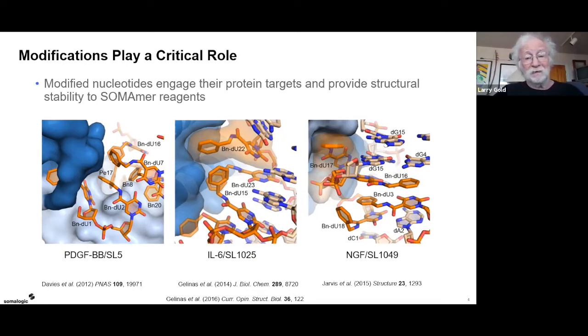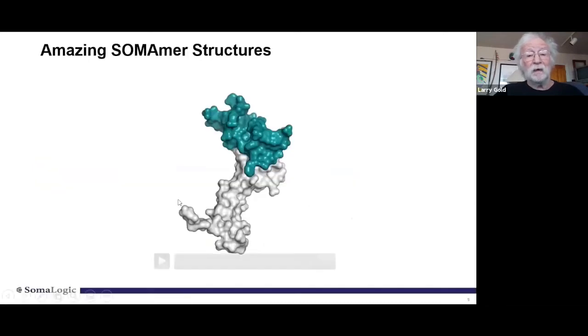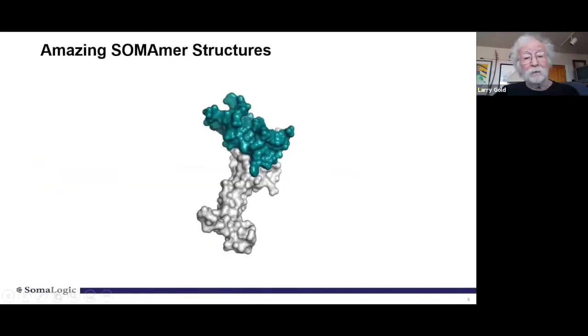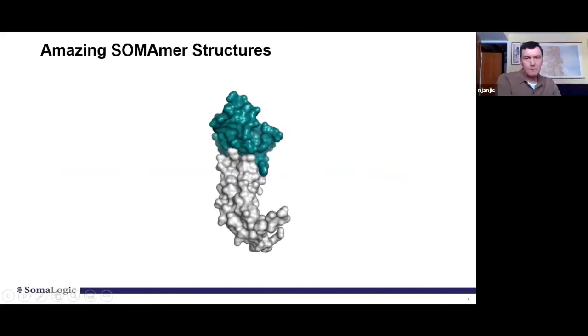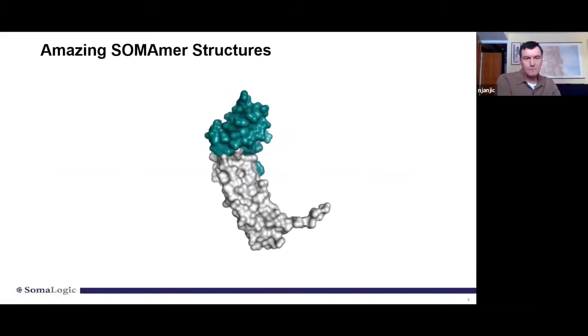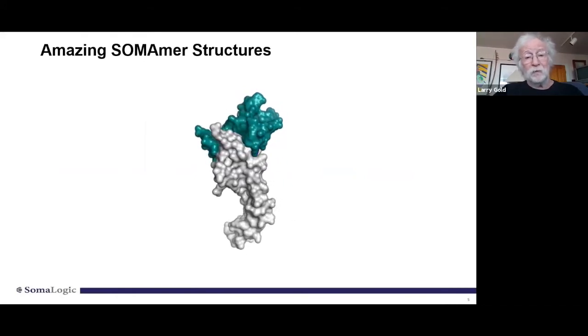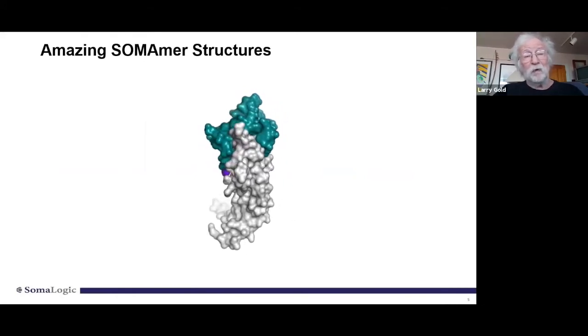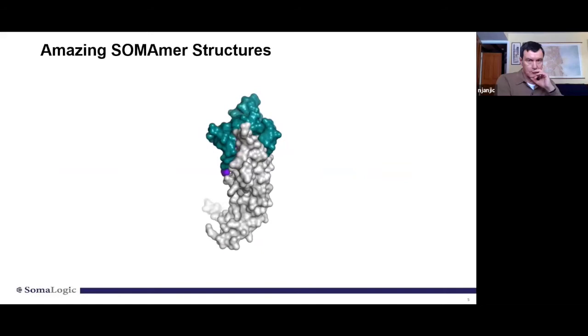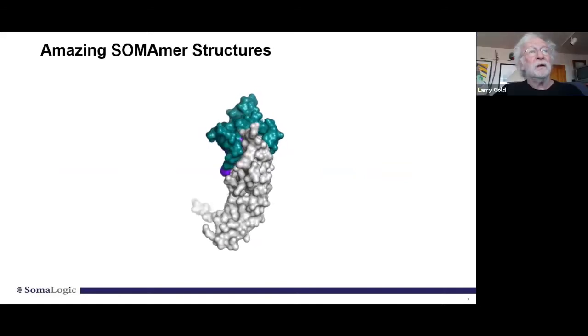The next slide is my favorite slide of my life ever. It is a slide of one of the co-crystals we have. When you look at it, I love to show this to people. Nebojsa and I have probably each showed this slide 7,000 times.